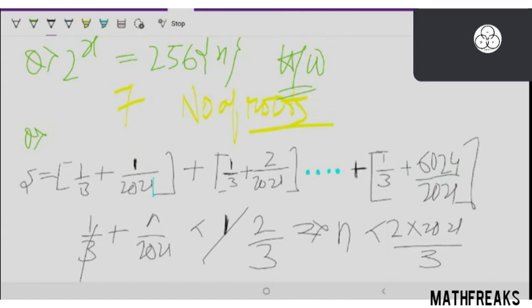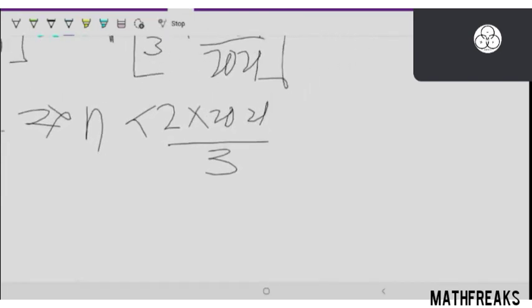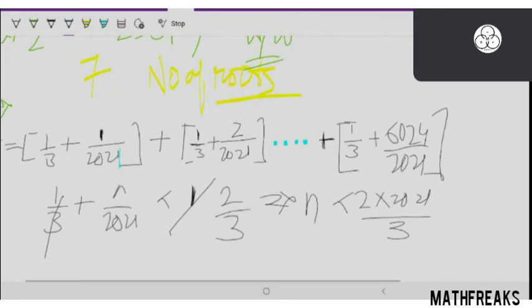Two into 2021 by 3. 2021, 4 for 5, it's not divisible. 2021 is not divisible. Here also you need to go for the box value. So up to n terms, for n terms, if you get the value of n and you get some fraction, you take the box value of that fraction and try to think like this.